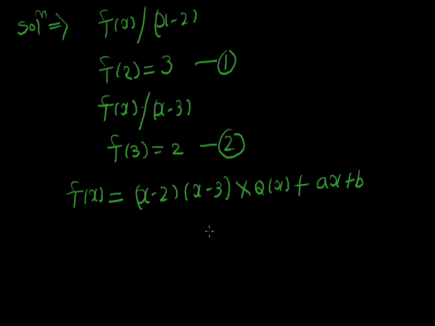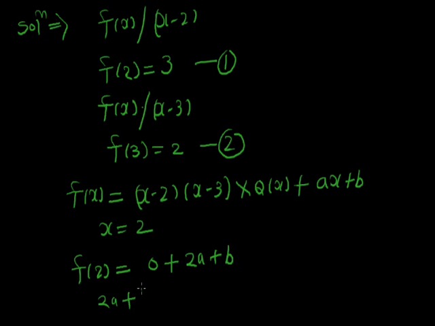Now I apply the condition. What are we given? In this equation I put x is equal to 2. What is the value of f of 2? If I substitute x by 2, the first part becomes 0, because the factor x minus 2 vanishes, plus 2a plus b, and f of 2 is equal to 3 by our first equation, as given in the question.